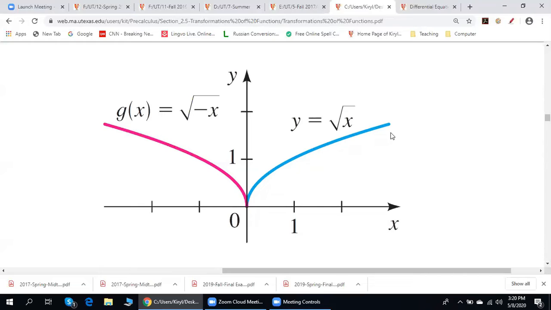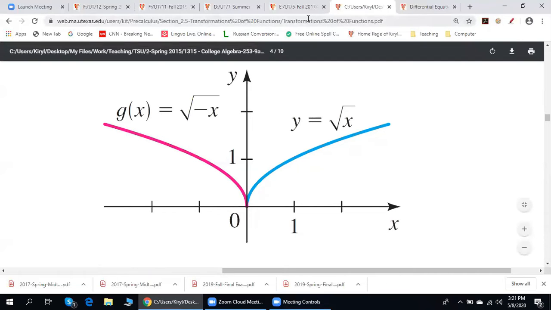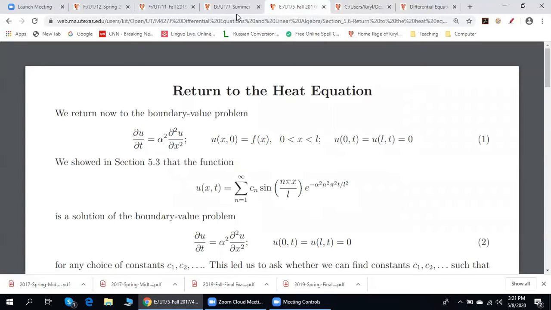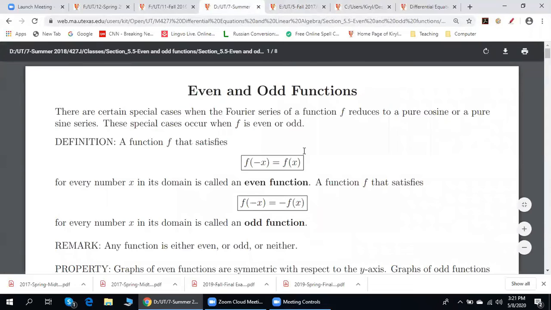And the total graph will be the graph of an odd function. Let me remind you what odd functions are. Odd functions are functions such that you replace x by negative x and you get a minus in front.